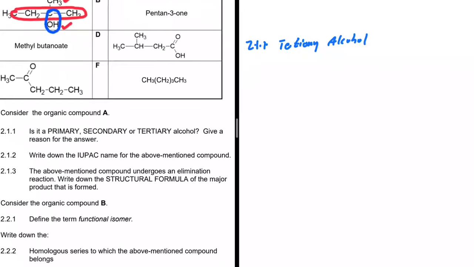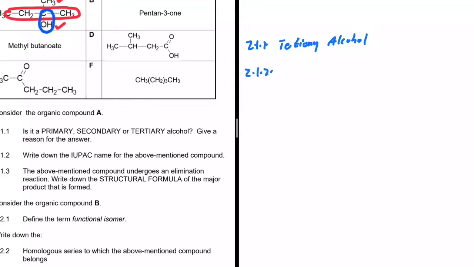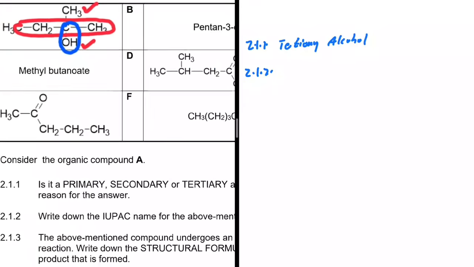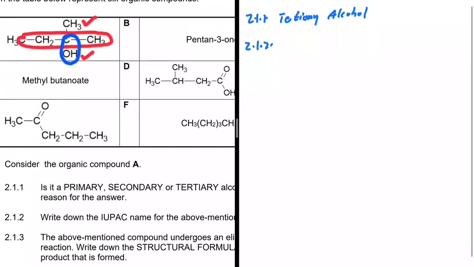Let's take a look at 2.1.2. Write down the IUPAC name for the above mentioned compound. Like we have figured out, we have 4 carbons on our longest chain. So that is butane. And then which carbon is our functional group found on? If we start counting from the left, we have 1, 2, 3.